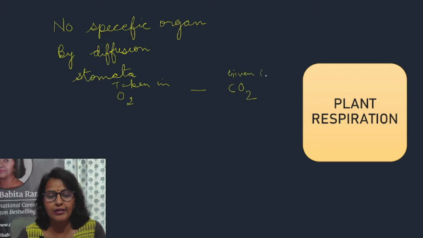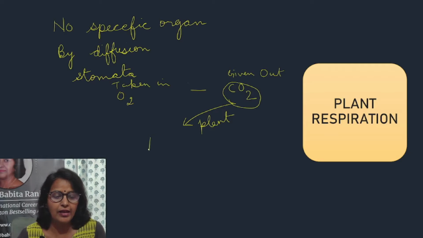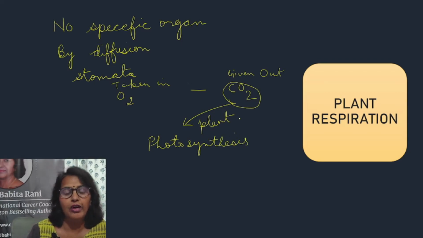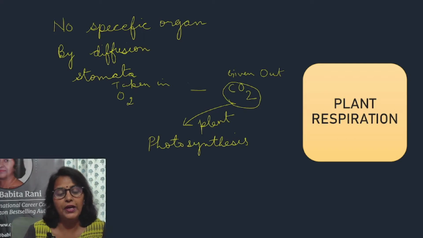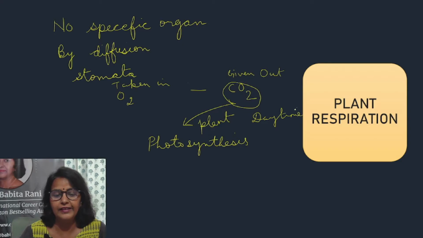But in the case of plants, whatever CO2 is produced in the daytime is utilized by the plant for the process of photosynthesis, because photosynthesis requires CO2 and water. So whatever CO2 is given out during daytime is again utilized by the plant for photosynthesis. So no CO2 is released during the day.